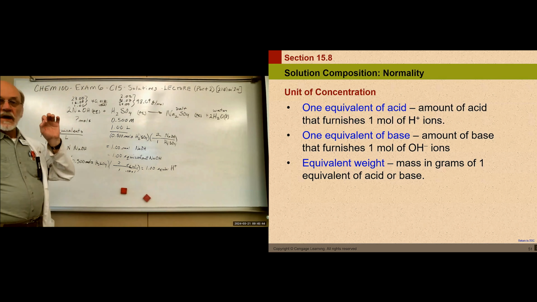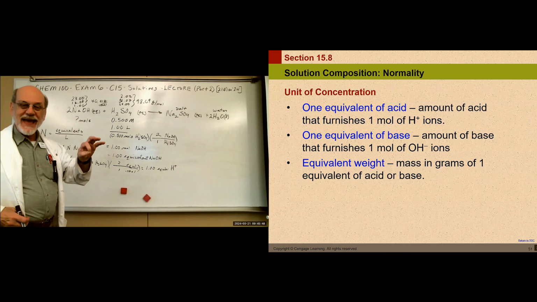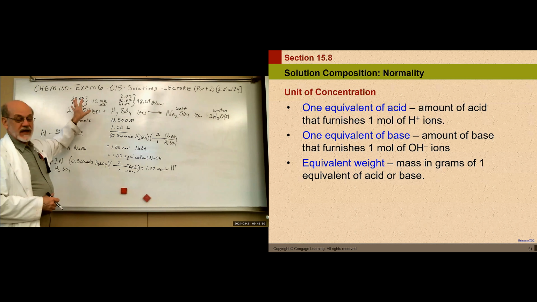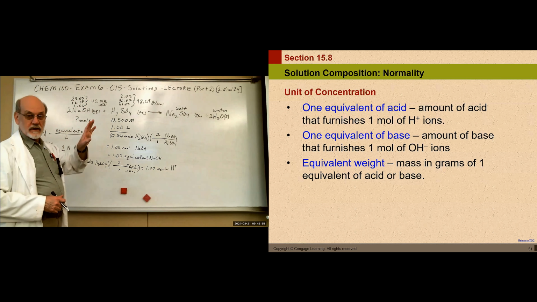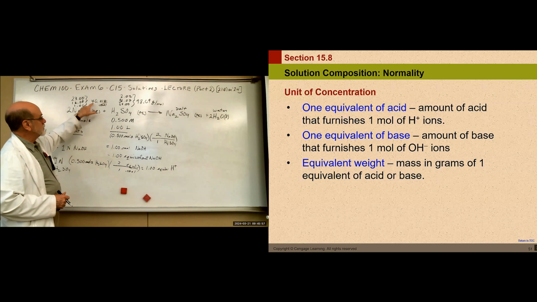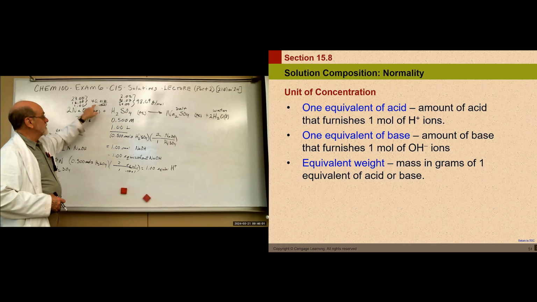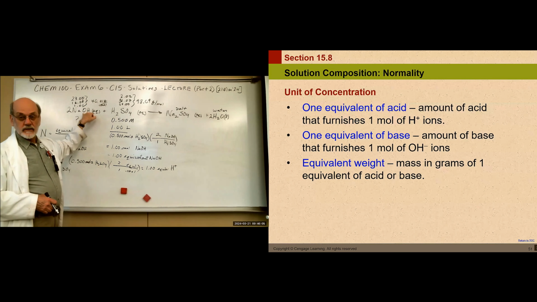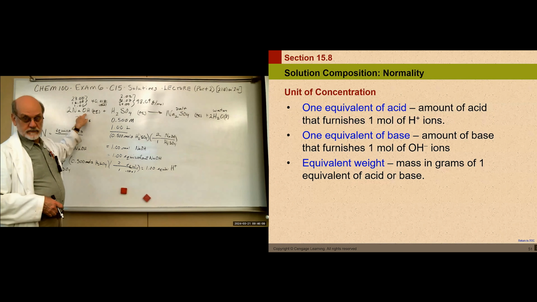All right. What's the equivalent weight? Well, the mass of sodium hydroxide that produces 1 equivalent is 40.01 grams. Right? Because if you have that many grams of this compound, you're only producing 1 equivalent of hydroxyls.